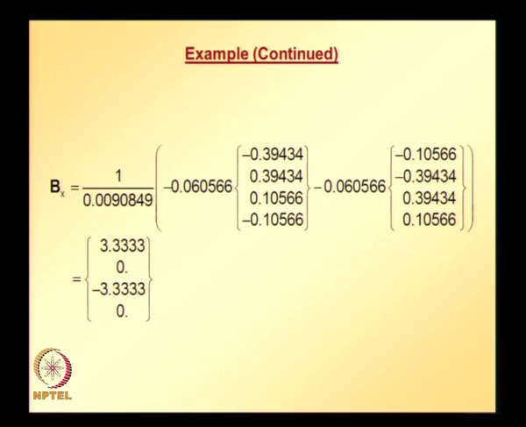So, once we have this Bx vector, we are ready to evaluate the integrand value at the integration point that we have chosen, that is S equal to 0.57735, T equal to minus 0.57735.